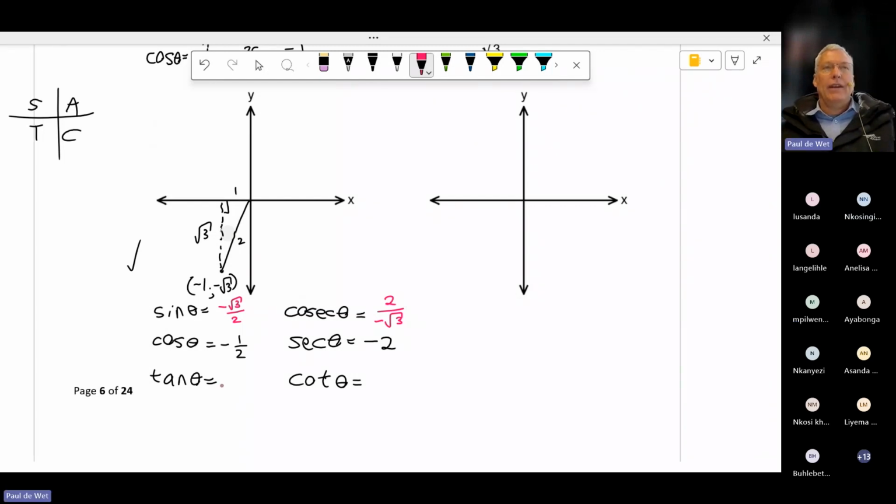What about tan? Tan is what divided by what? Y over x. It's going to be negative root 3 over negative 1, and that is positive root 3. Did we expect tan to be positive in quadrant 3? Yes. And remember, what will cot be? It's the upside down of tan. It'll be -1 over negative root 3, or just 1 over root 3.